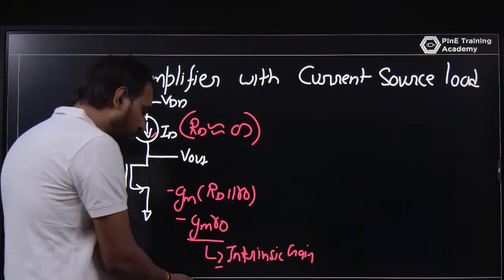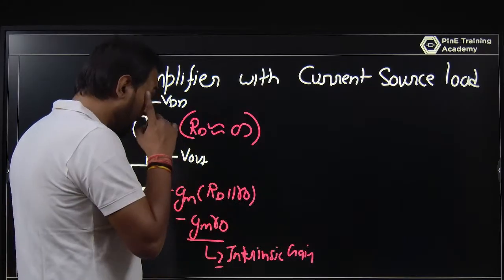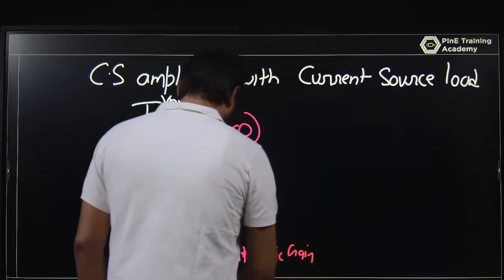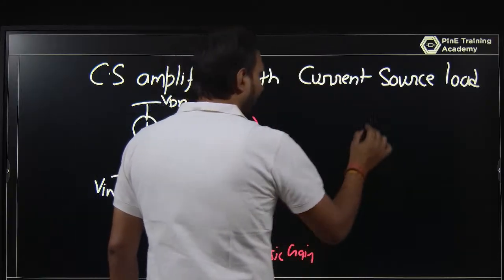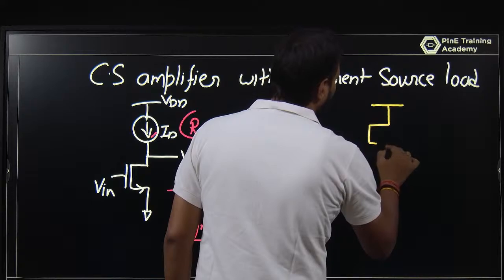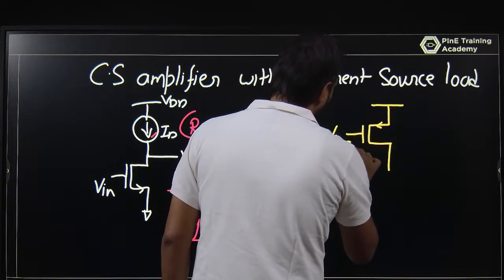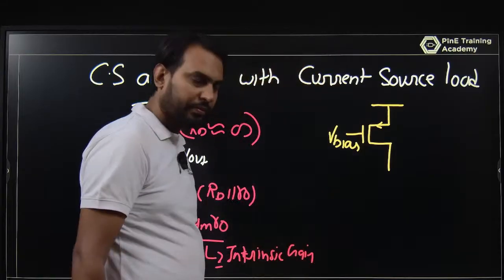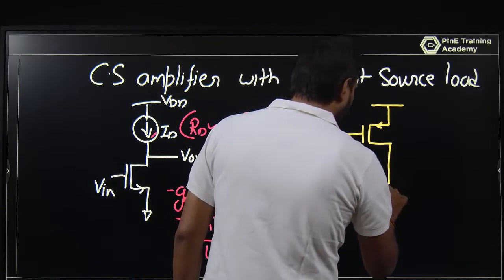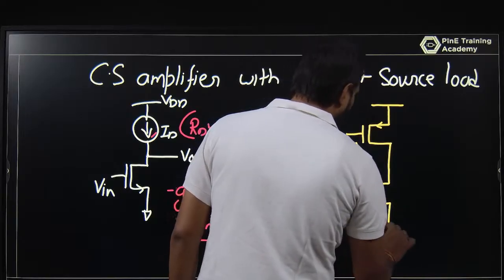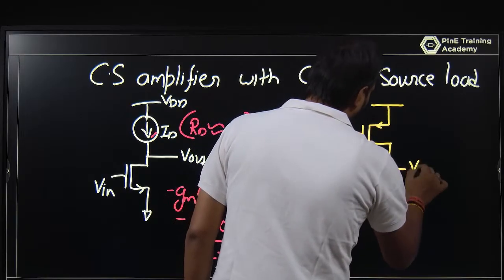Now I am using a current source load with a MOSFET. You have a MOSFET here. Let me use a PMOS with a V bias. This is V in here and this is V out.